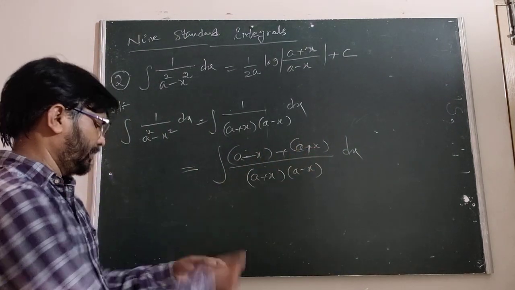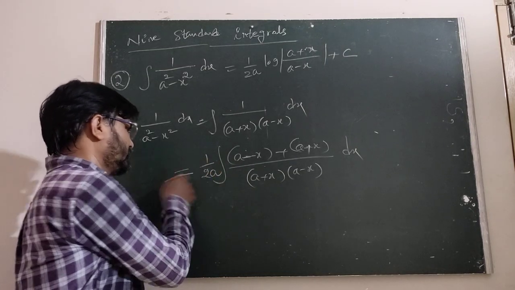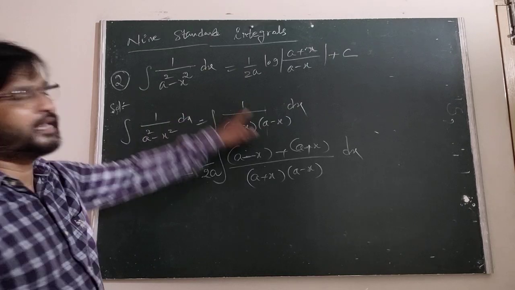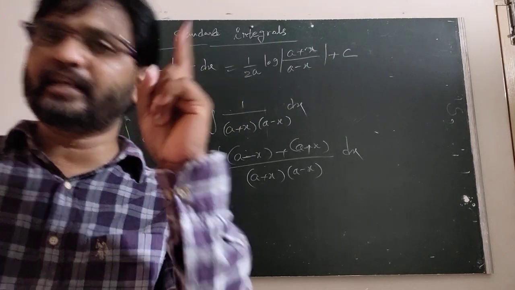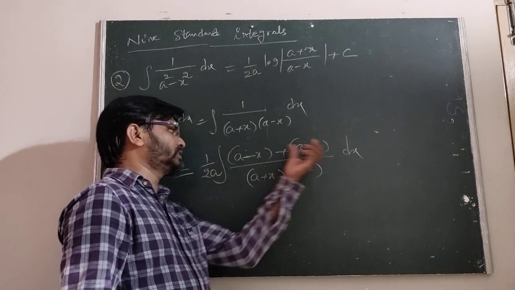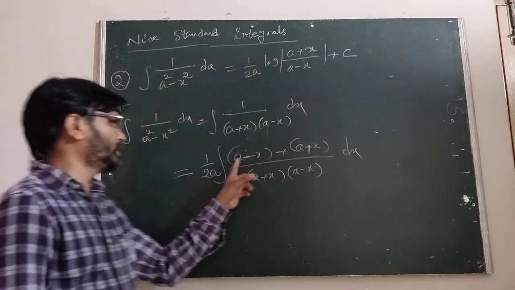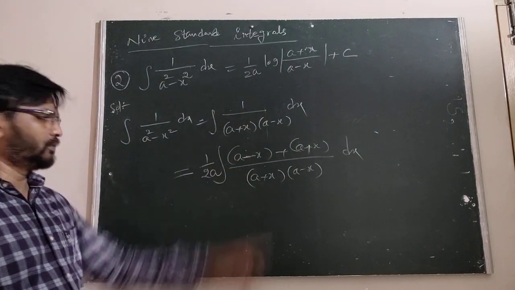A plus a is 2a, so we write 1 by 2a. Here the numerator is 1, therefore we are taking (a minus x) plus (a plus x). Plus x and minus x are cancelled, a plus a is 2a, and 2a by 2a is 1.